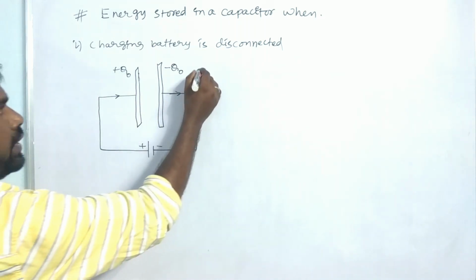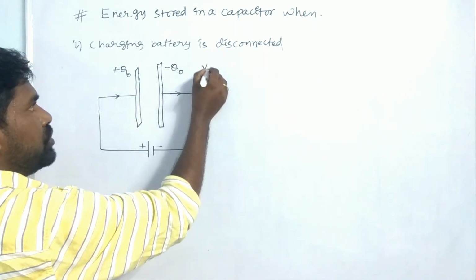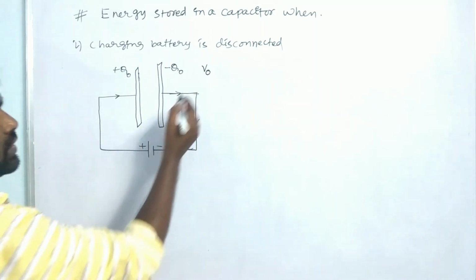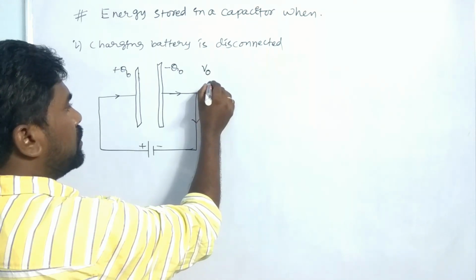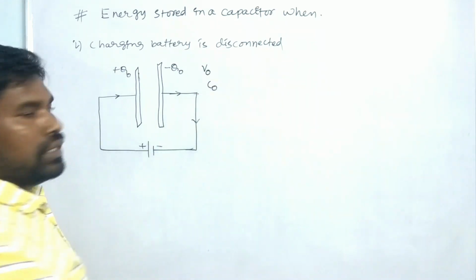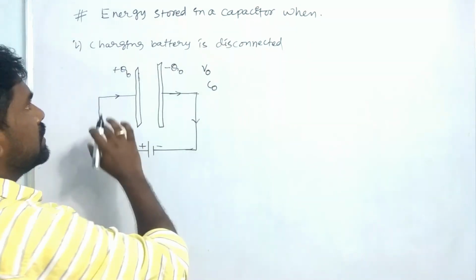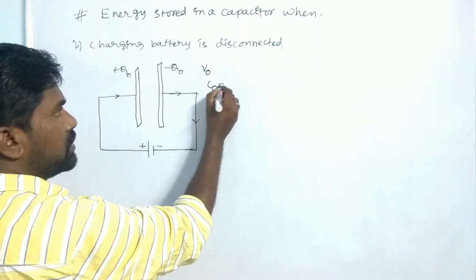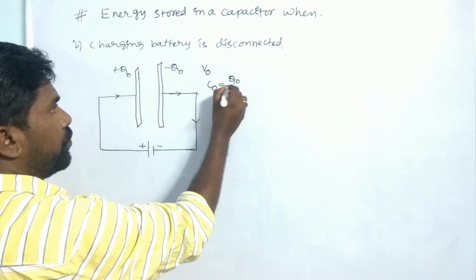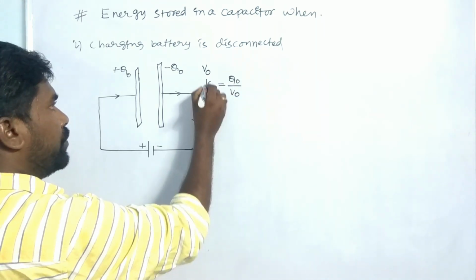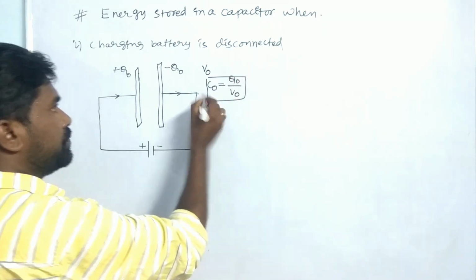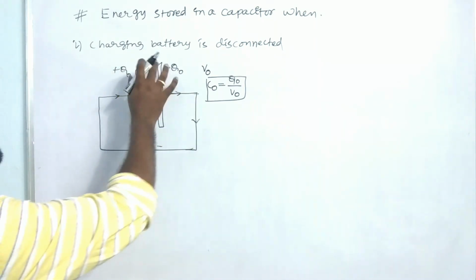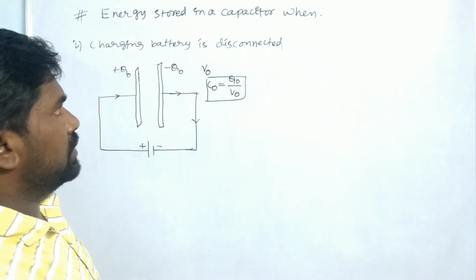The potential before introducing the dielectric is V naught, and the capacitance before introducing the dielectric is C naught. It is nothing but Q naught by V naught. Remember that. Now we have to introduce the dielectric and the battery is disconnected.